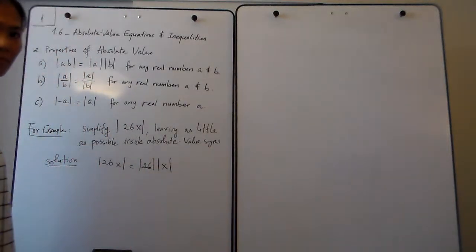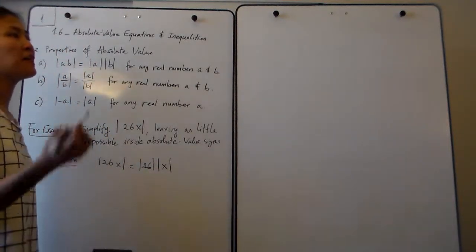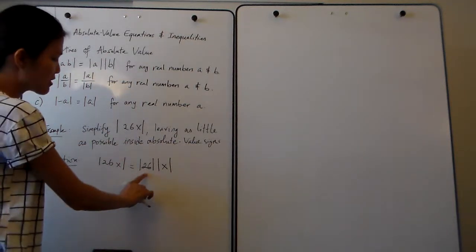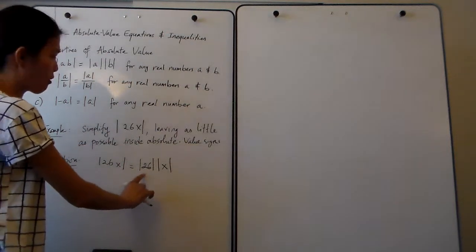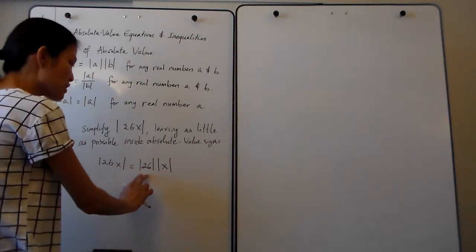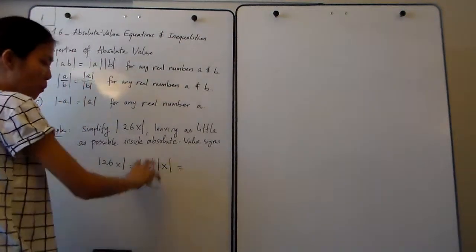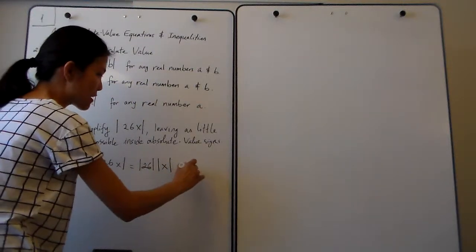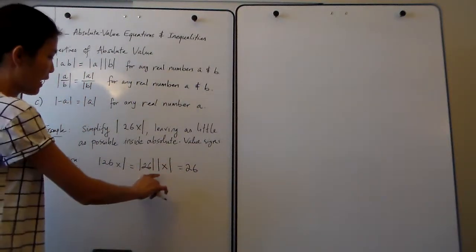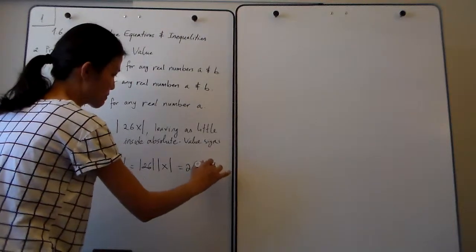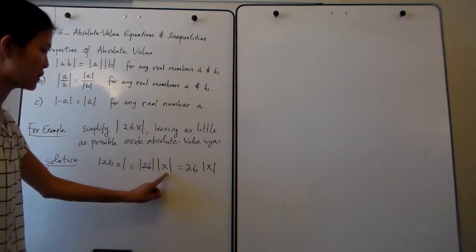Okay? Now, if you remember the definition of the absolute value we just covered earlier, if 26 is greater than or equal to 0, then the absolute value of 26 is equal to 26. And then absolute value of x is absolute value of x, because we don't know what x is.